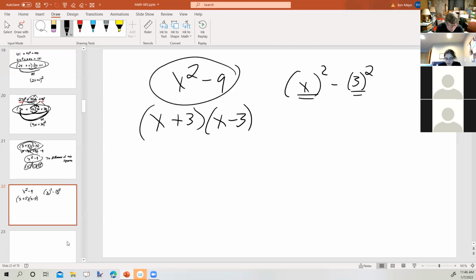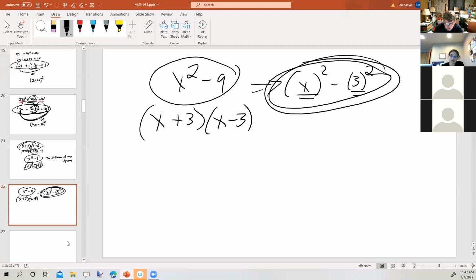Okay, so again, this is not a trinomial, it's a binomial. Now, if it can be written in this form, then there's the factors. Now, this is not considered factoring it. This is just testing it to verify whether it is or is not the difference of two squares. But it also tells me what my sum and difference bases are going to be.